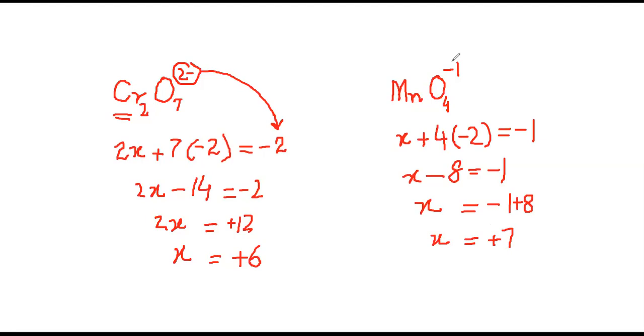Okay friends, now let's use this oxidation number to discuss oxidation and reduction reactions. If we have potassium reacting with HCl, it will be KCl plus H2.